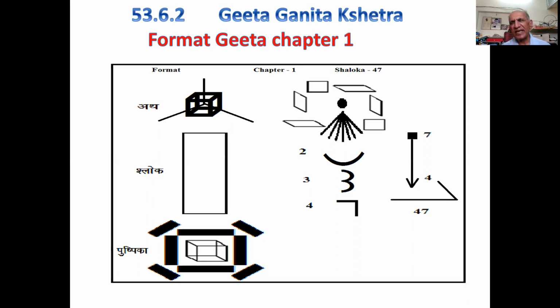This whole exercise of chasing Geeta Ganita Kshetra is ultimately going to be the exercise of the Arjuna to transcend its delusions and illusions of the worldly logic, physical matter logic, linear logic.